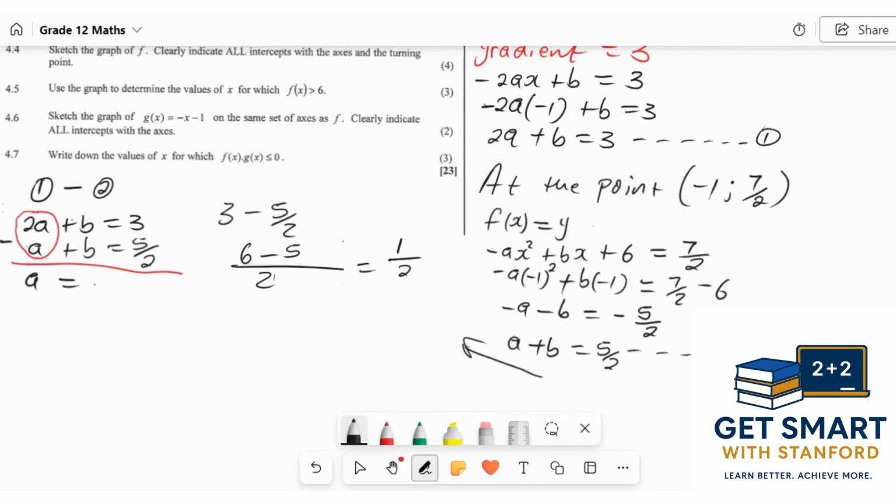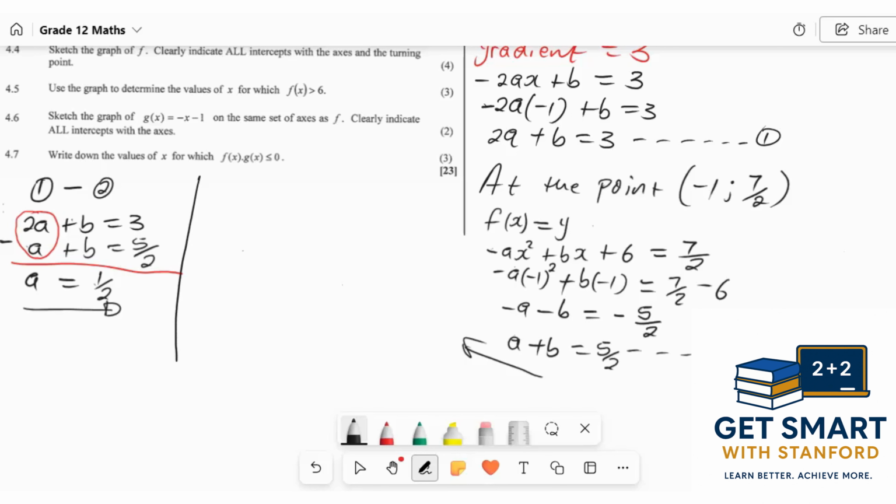So we have a 1 over 2. Then here we have proven that a equals 1 over 2. So since we have proven this, then it means we are on the right track. So let us go on and try to prove that b is also equal to 2.